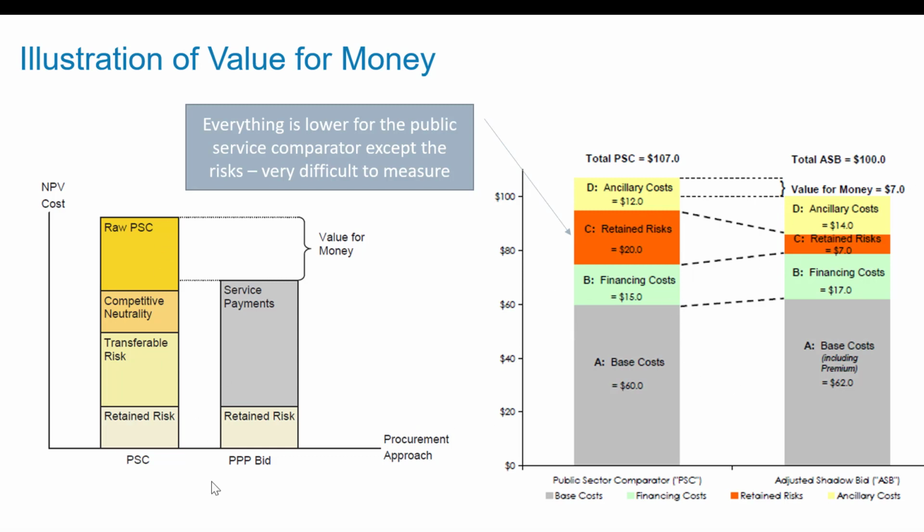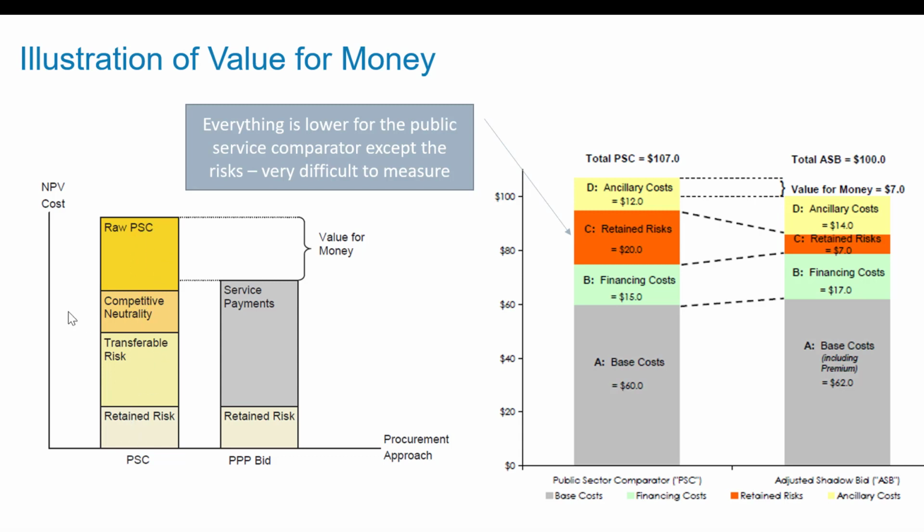And so you have this PPP bid and this PSC. Now, there's this transferable risk, and retained risk, that's the risk that's always going to be there. If there wasn't this transferable risk from the optimism bias, I think this would be low.